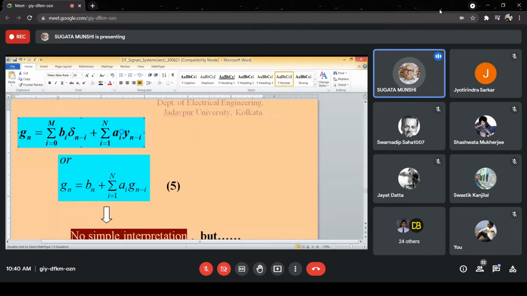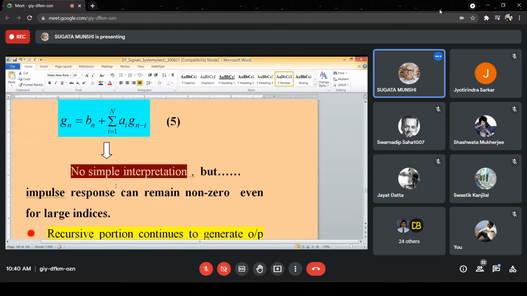Now from equation 5, can you infer anything about the duration of the impulse response? You cannot say anything clearly about the duration, although this recursive summation term may remain non-zero even for large indices.